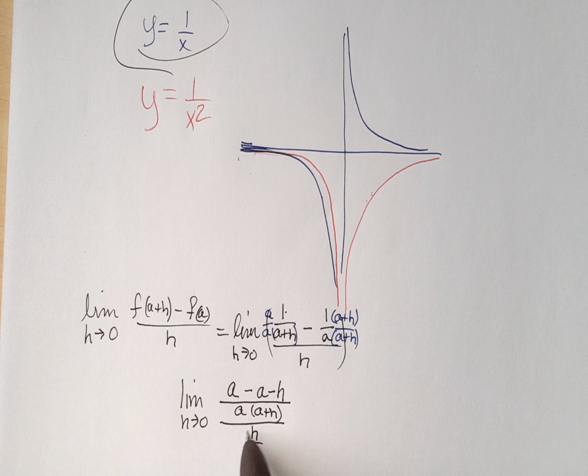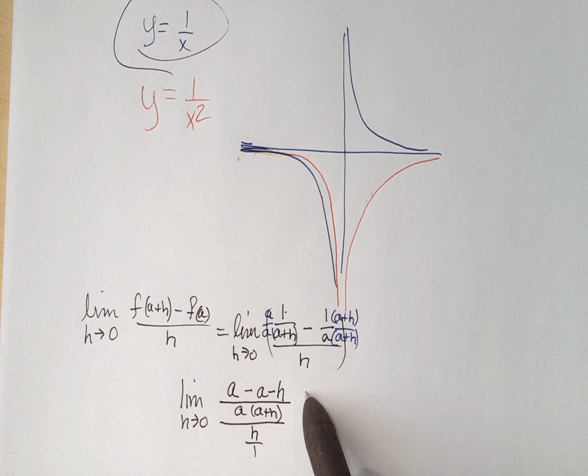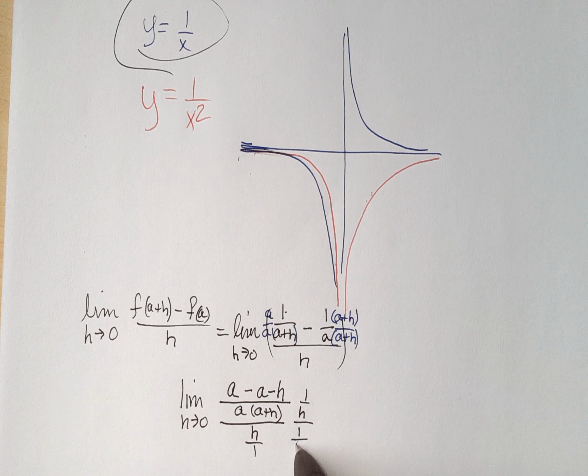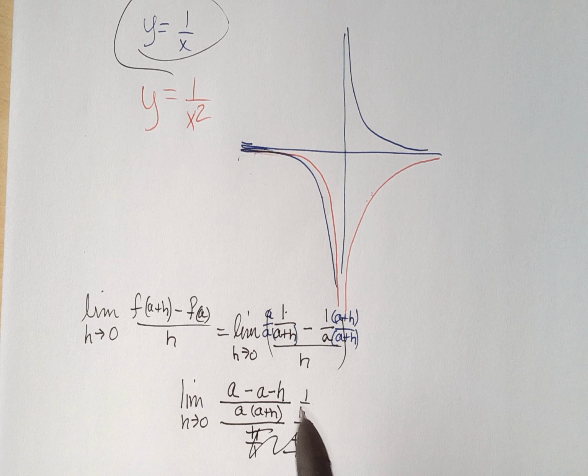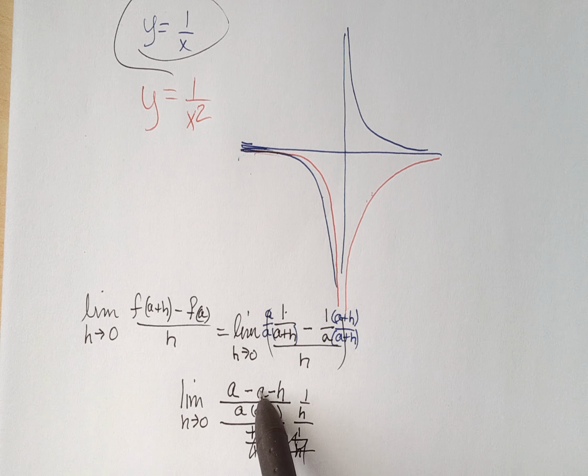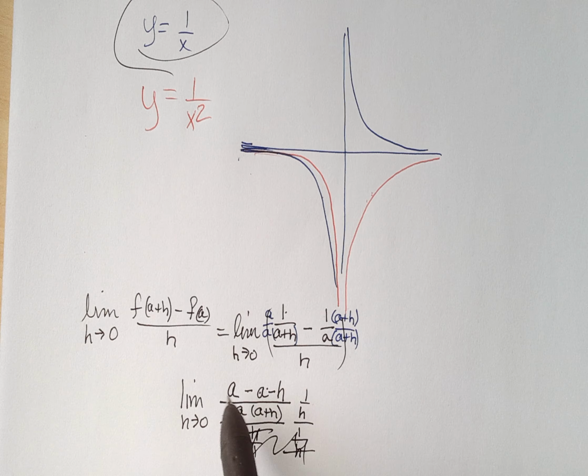So to get this devil up in the numerator here, I need to multiply the numerator by 1 over h and the denominator by 1 over h. It cancels that. So I got all of this out of the way. And a minus a cancels.